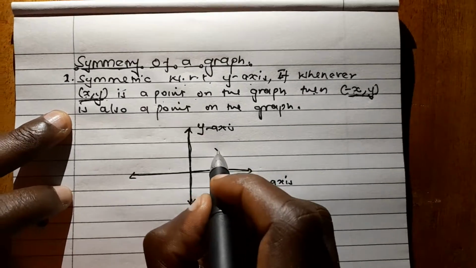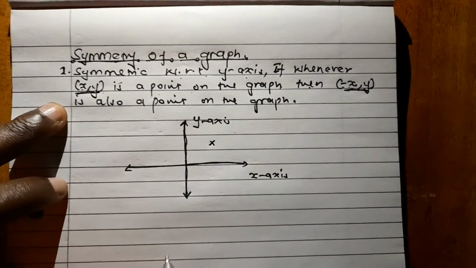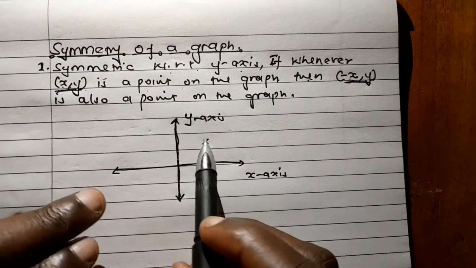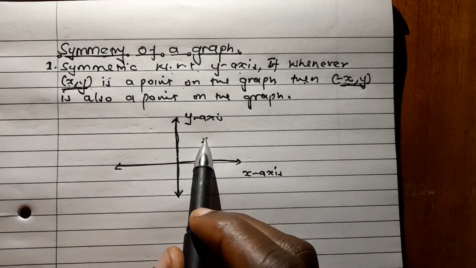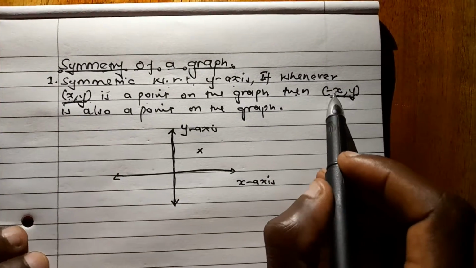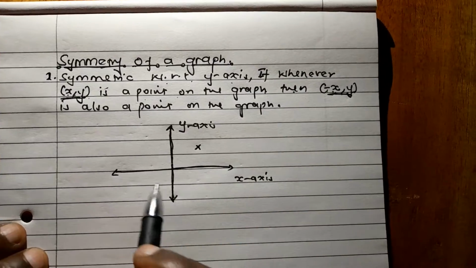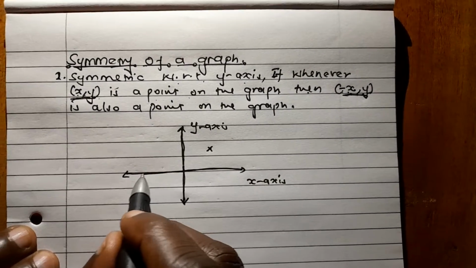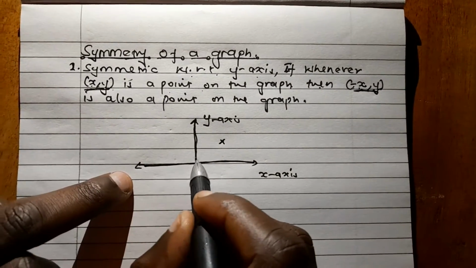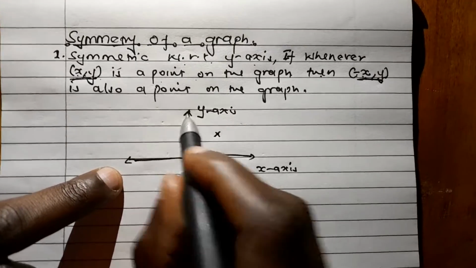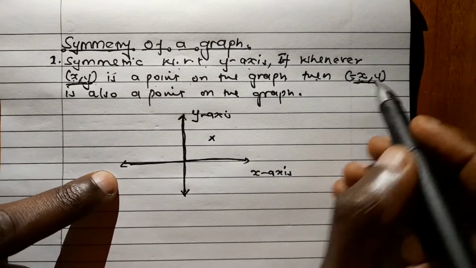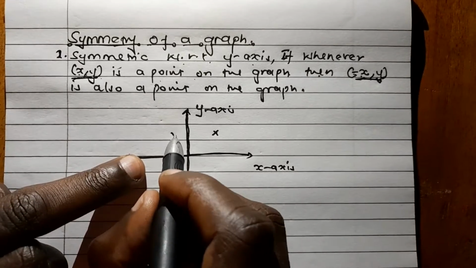So I have a point here, x comma y, a point on that particular graph of a given function. Then the point negative x comma y, you realize this is the negative x-axis and this is the positive y-axis. So negative x comma y will be a point somewhere here.